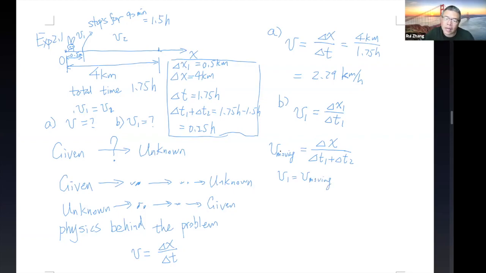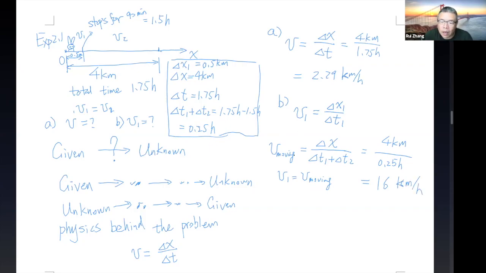So that's good, right? We can just go ahead and solve this problem. We know delta x, which is 4 kilometer. We also know the total moving time, delta t1 plus delta t2, which is 0.25 hour. So that gives us the average moving velocity, which is 4 divided by 0.25, which is 4 times 4, so 16 kilometer per hour.